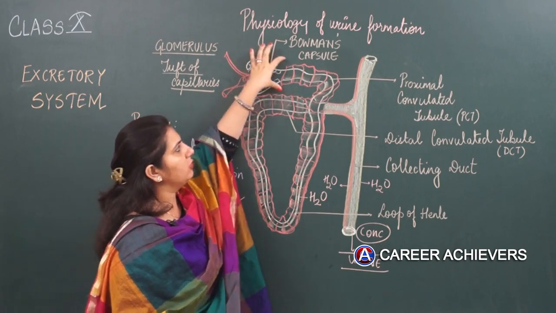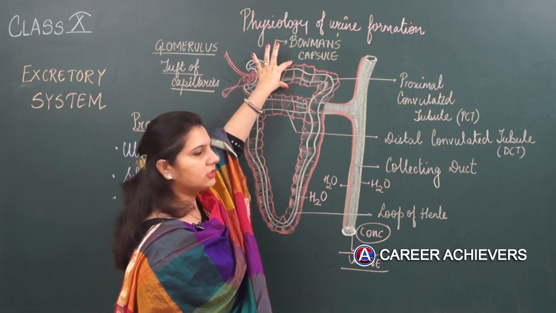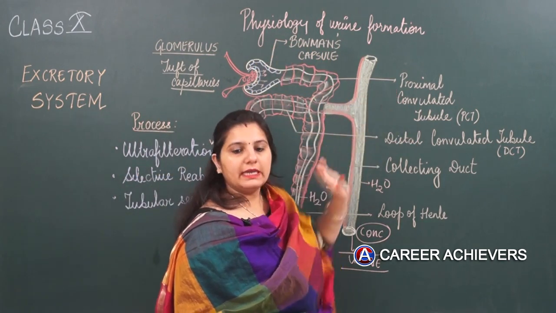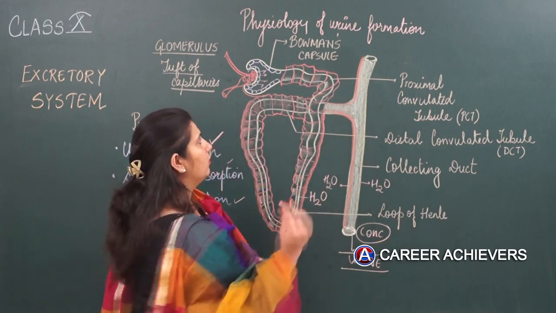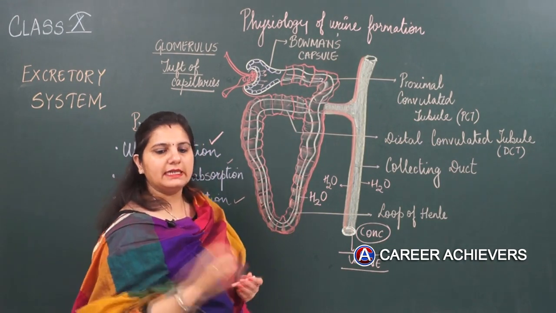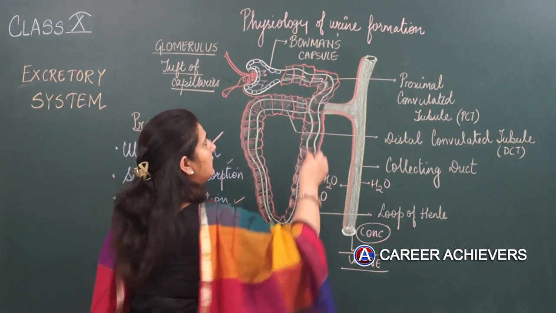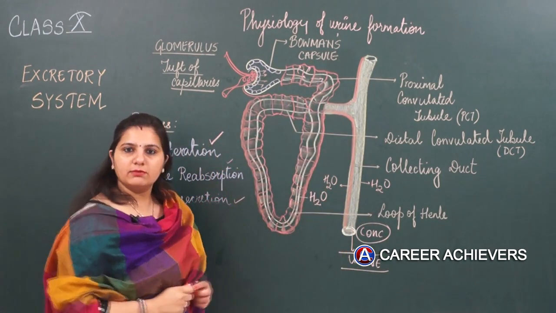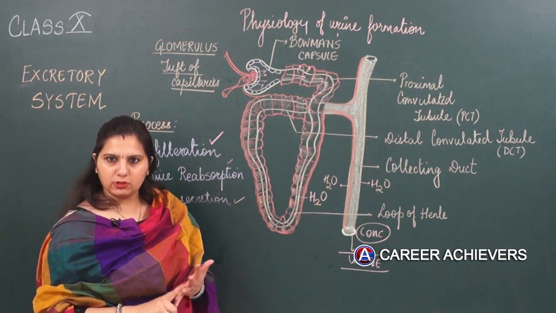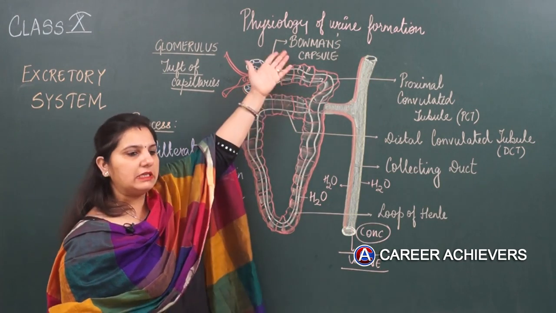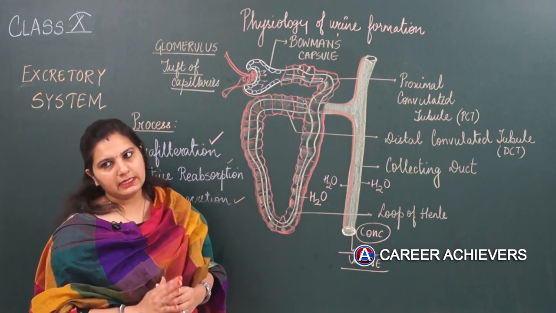This Bowman's capsule then meets the tubular structure called the proximal convoluted tubule. In the proximal convoluted tubule, whatever substances have come into the filtrate, because it contains some useful material also, these useful materials get reabsorbed. What is getting reabsorbed now? We need glucose, we need sodium ions, we need potassium ions. So these ions get reabsorbed back into the capillary network.